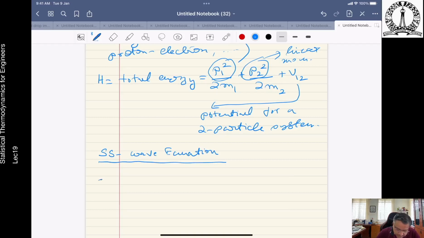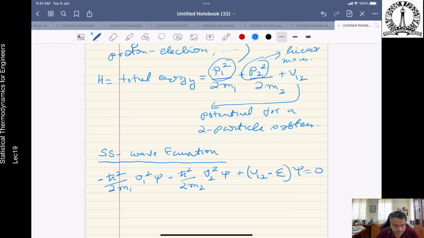Recall how we did the wave equation for a multi-particle system: the first operator, h bar squared by 2m1, plus h bar squared by 2m2. Same one can be equal to m2 also, depending on what particle system you are dealing with, plus V12 minus E, equal to 0. V12, as we said, is the potential for a two-particle system.